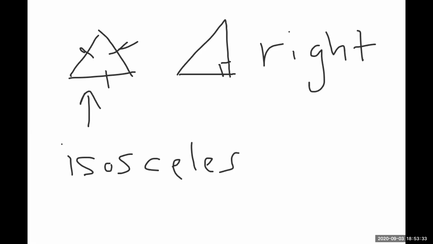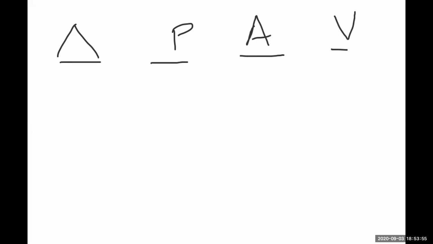But I digress. The important things that we're trying to figure out for a triangle are, again, the perimeter, the area, and the volume of that triangle.